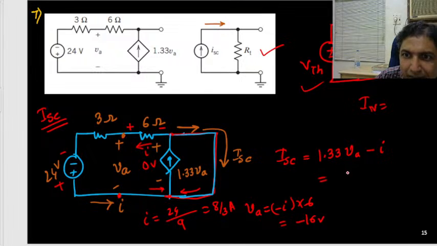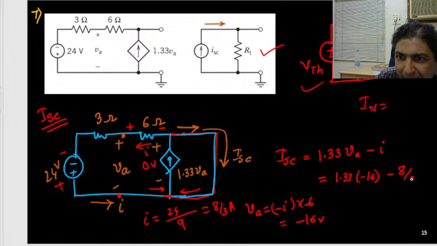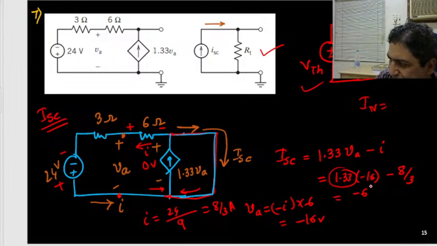So this will be 1.33 times minus 16, and minus I is 8 by 3. So this could be considered as 4 by 3. It is 4 by 3. So 4 into 16 is 64, minus 8 by 3.